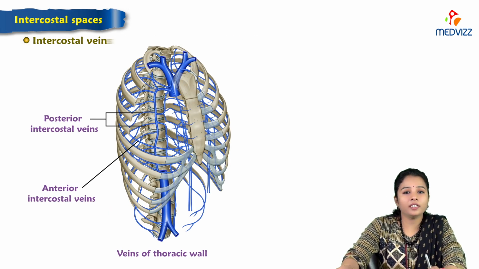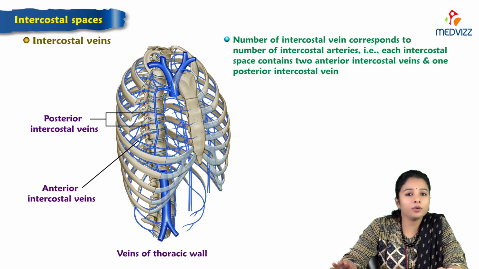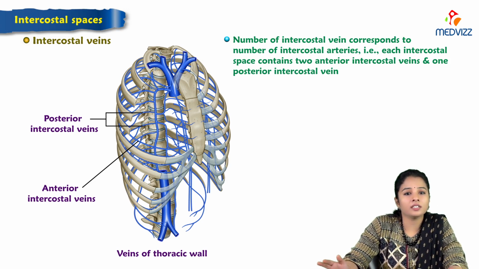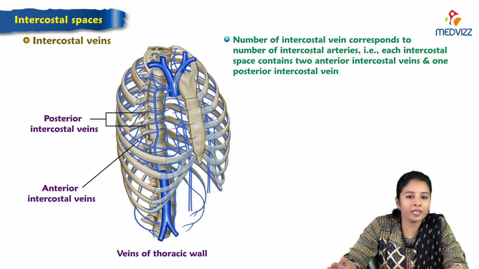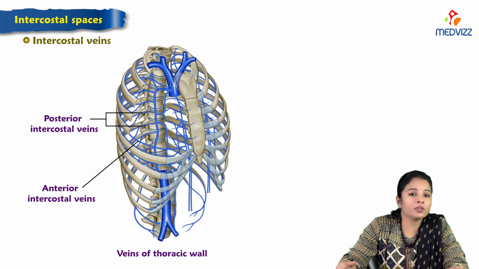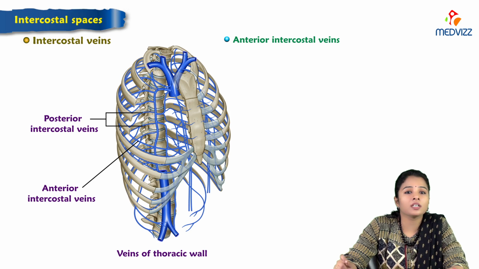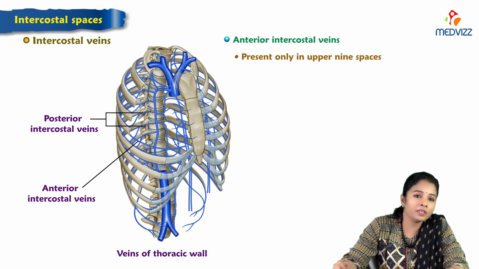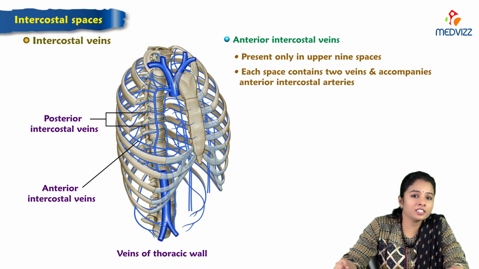Let's talk about the intercostal veins. The number of intercostal veins corresponds to the number of intercostal arteries. Each intercostal space contains two anterior intercostal veins and their tributaries correspond to the branches of the arteries. Let's talk about the anterior intercostal veins. They are present only in the upper 9 spaces and each space contains two veins and accompanies the anterior intercostal arteries.